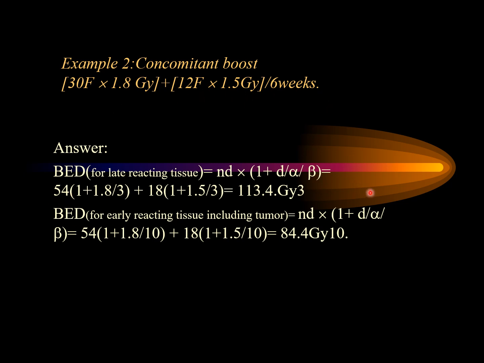From this equation, the biological effective dose compared to the conventional fractionation over the late effect is less than 116, the result that we got in the previous slide. So it's less hot on the spinal cord, and if you look at the tumor itself, it's more or less very comparable, if not a little bit hotter.